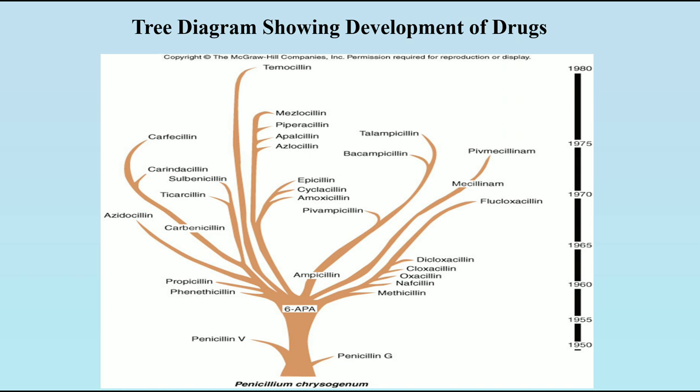So it was found that the new drugs, which were modified forms of penicillin, were effective as well as becoming broad spectrum antibiotics, which meant that they were able to kill different varieties, different classes, different types of bacteria.